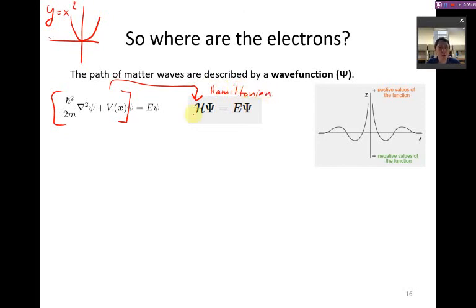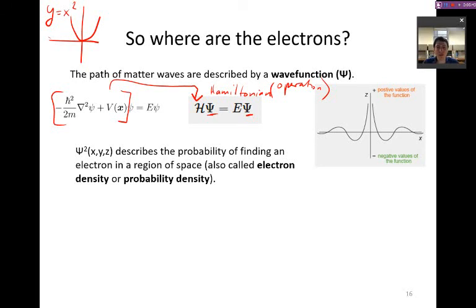And you don't need to know much about this equation other than the fact that it uses the wave function and a mathematical operation, similar to y equals x squared, that kind of an idea, to relate the wave function and the energy. So we can describe the energy of an electron through its wave function.